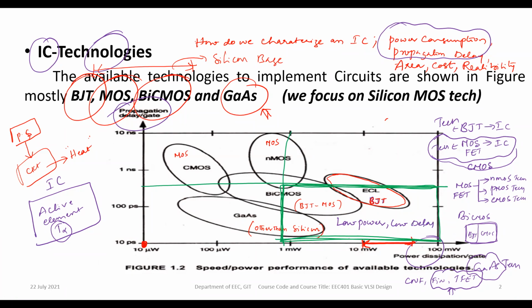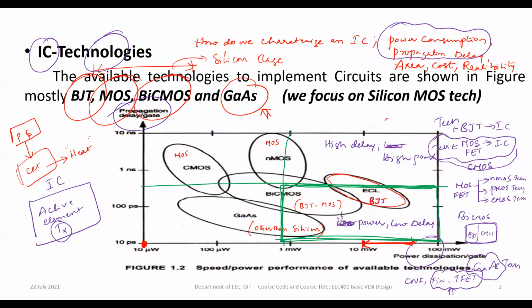Can we say that this region is something like that? Yeah, fine. Next, what about the thing here? Here is high delay, high power. I'm sorry, here it's not low power, it's high power, right? I'm extremely sorry.